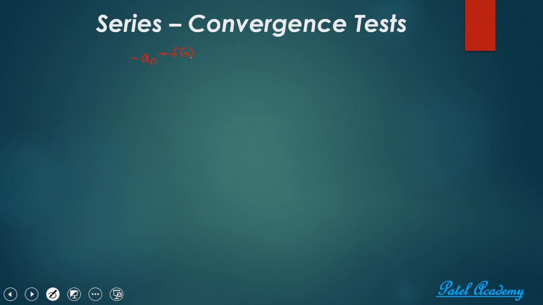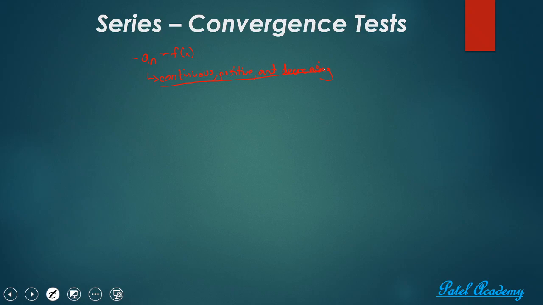Function of n, function of x, whatever. We require it to be continuous, positive, and decreasing. These are very important conditions.